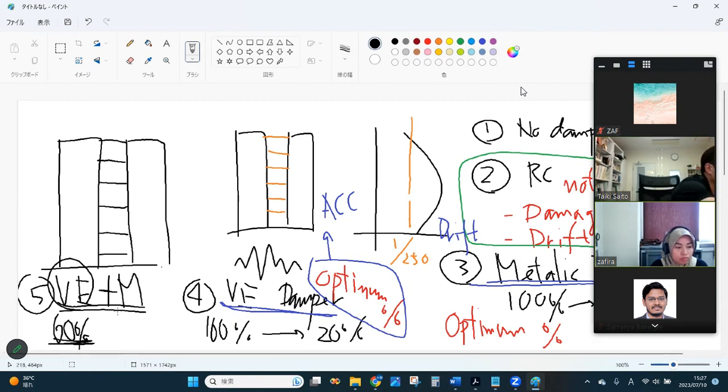And only change metallic damper, but it must start to yield. So every time you must check the hysteresis, and find out which percent is best.